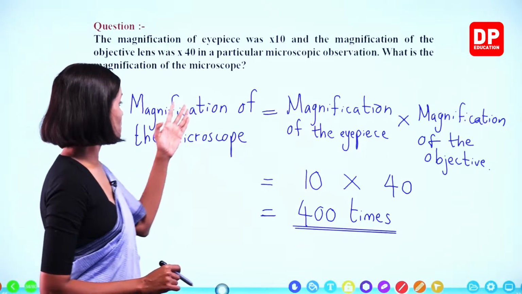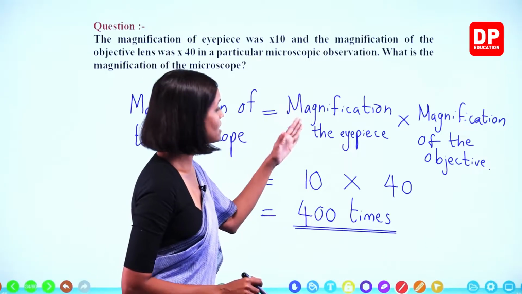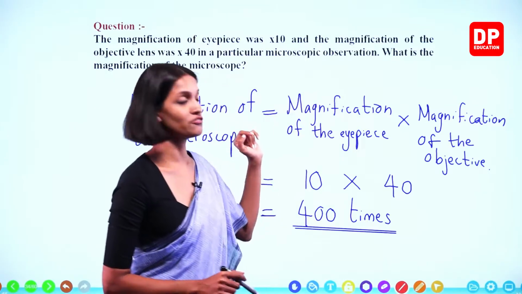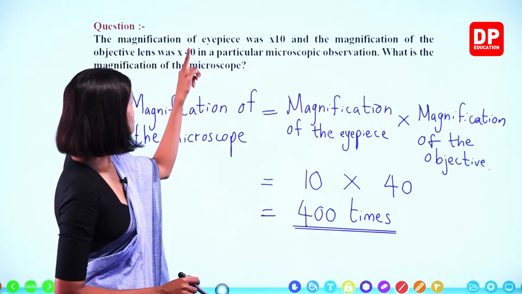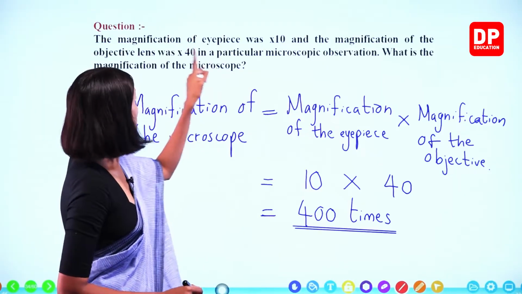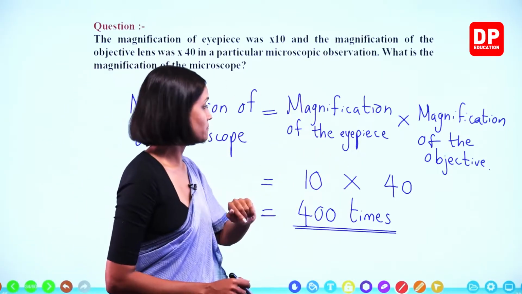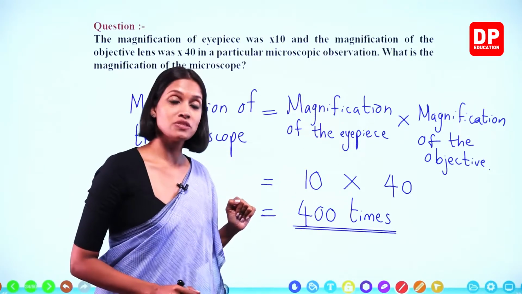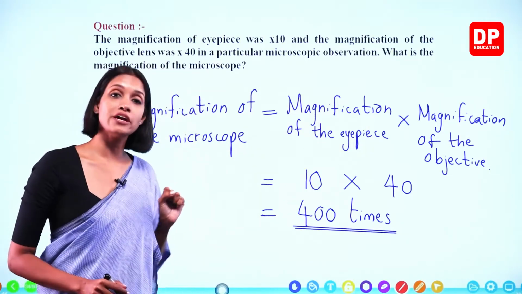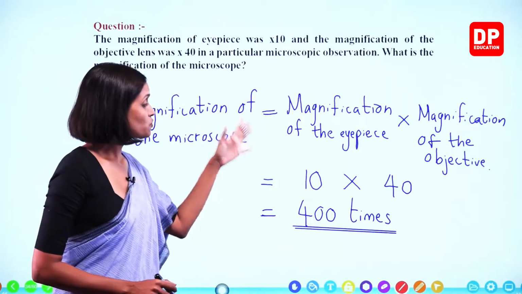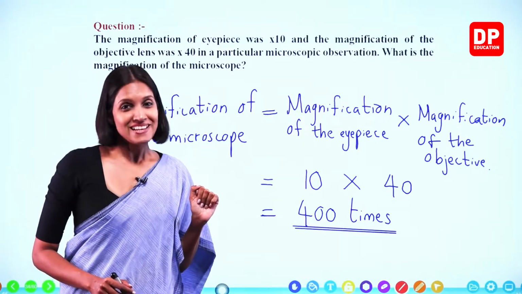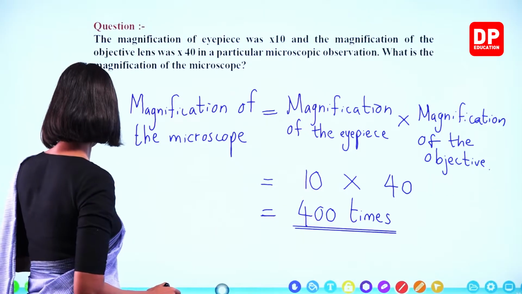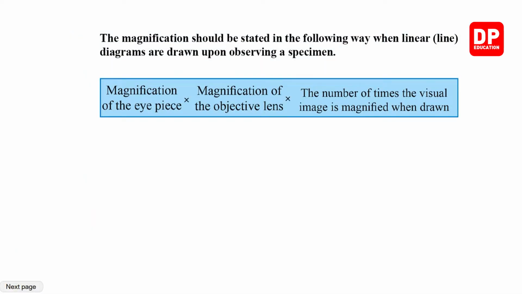Magnification of the microscope equals the magnification of the eyepiece into the magnification of the objective. Magnification of the eyepiece is 10, objective lens was 40, right? 10 into 40, 400 times. The magnification of this particular microscopic view is 400 times. Right, children? Okay. Next one.